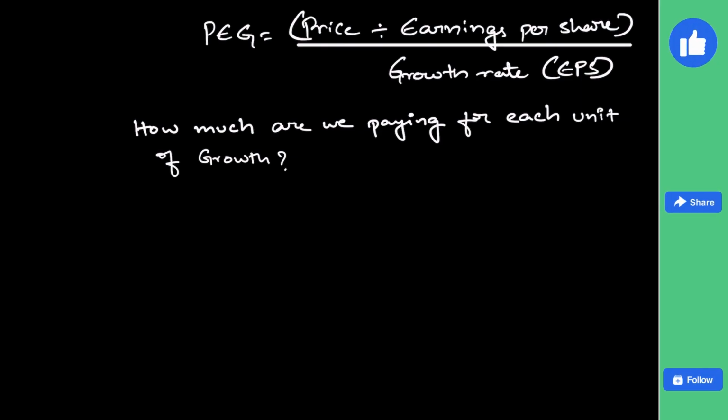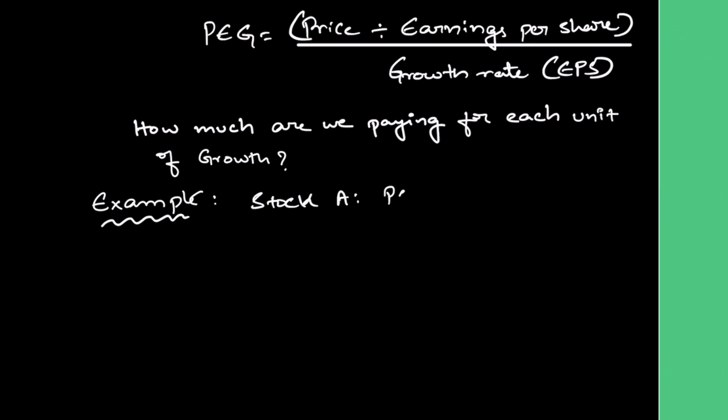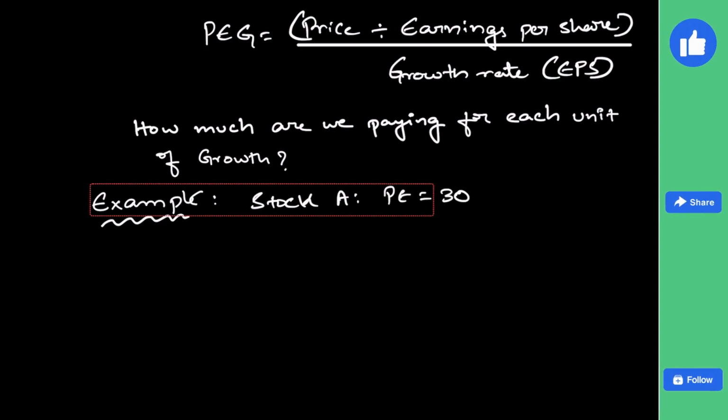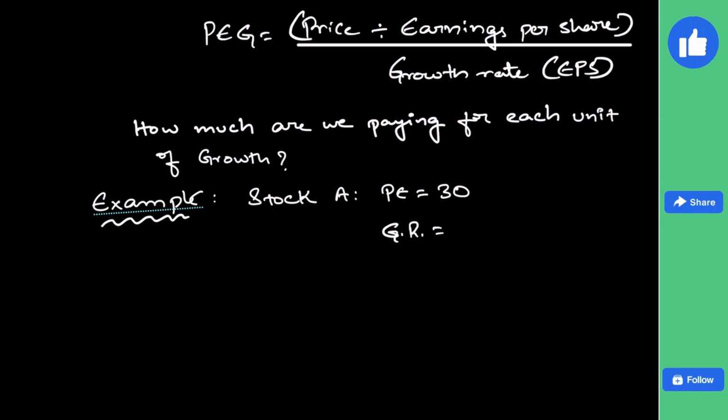Now next, how do we interpret the PEG ratio? That's very important. Before we go to the interpretation, let's take a few examples. Example 1, stock A. Assume PE is equal to 30 and the expected EPS growth rate is 30%.